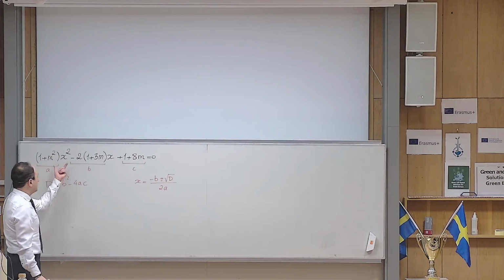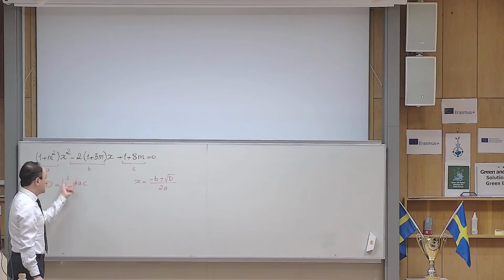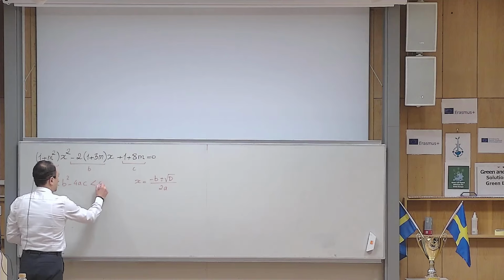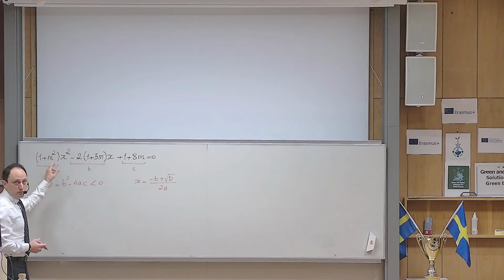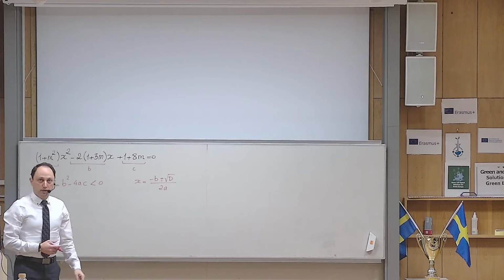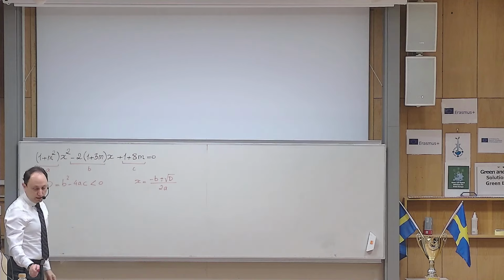So in order to force this quadratic equation not to have any roots, I have to force the discriminant to be negative. What I have in my hand is control over the parameter m. By fine-tuning the value of m, I can force the discriminant to be negative.